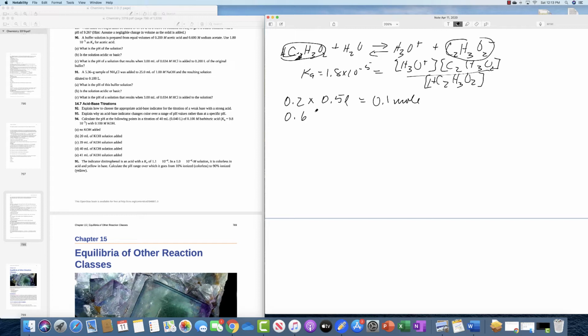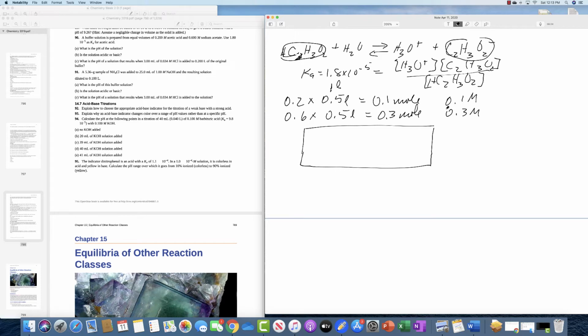We take 0.6 molar times a half a liter, and this assumption of volume just makes the math easy. The total here is 1 liter, so the molarity for acetic acid is 0.1 molar, and the molarity for acetate is 0.3 molar. And with that, we can now make our little box.